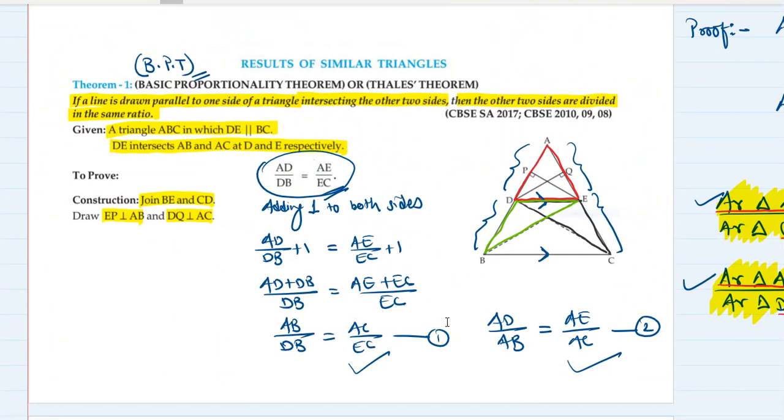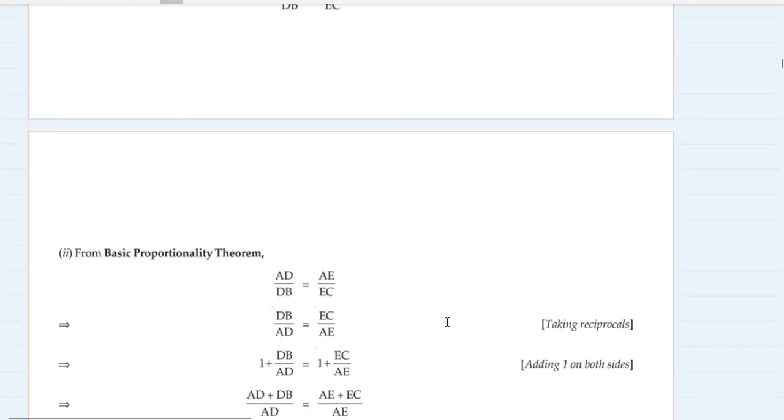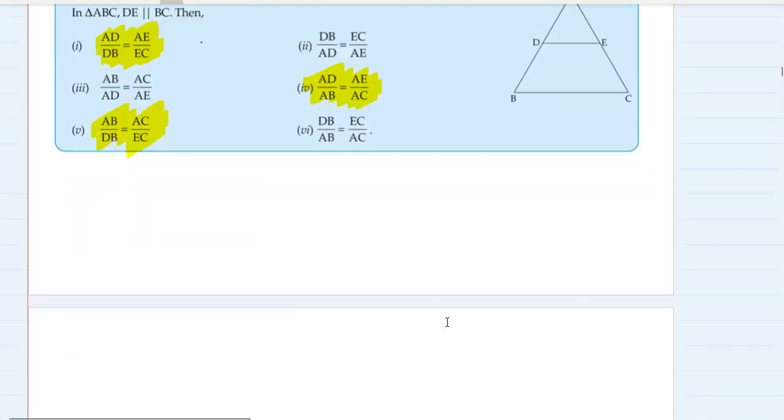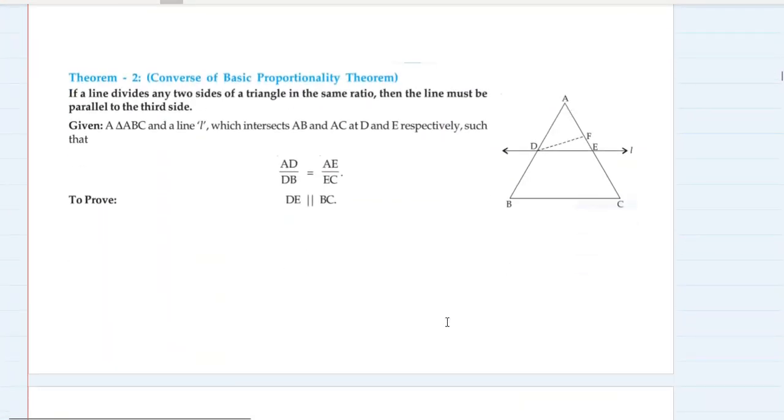But yes, BPT does not only have numericals, it has proofs also, and the way we proved the theorem will help you a lot to prove the questions which are based on proof geometry.